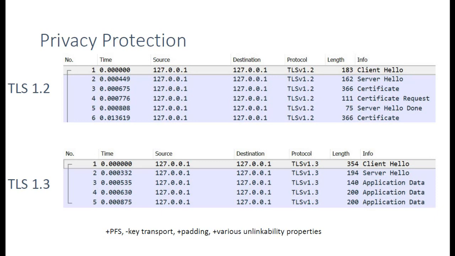Consequently, more keys need to be derived, which leads to more cryptographic operations, although they only use symmetric key cryptography. Padding was introduced to conceal the size of the payloads, which is optional to use, and the use of forward secrecy is required for certificate-based authentication. Various techniques have been introduced to remove linkability between subsequent exchanges.